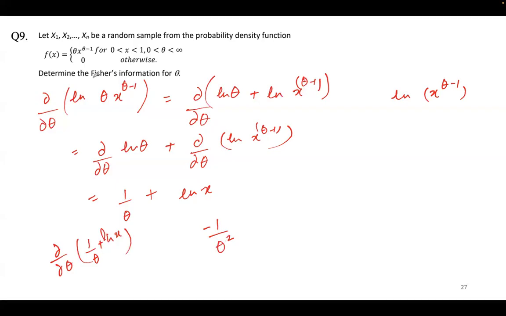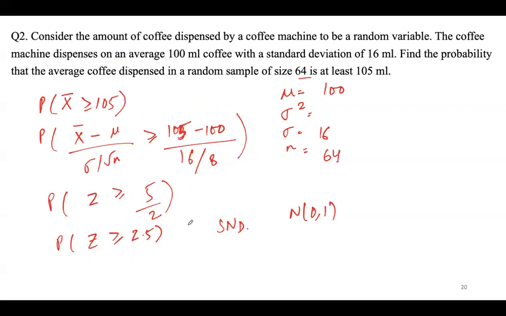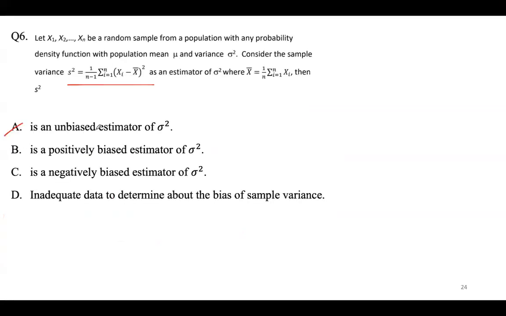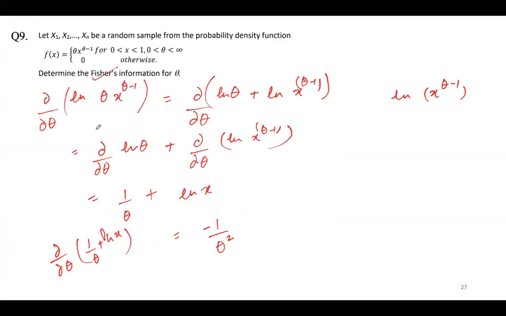So that becomes your Fisher information. So both of those are correct, right? But it depends on which one gives you a better estimate. Since we don't want it in terms of x, we will just do away with dx and take the second derivative.